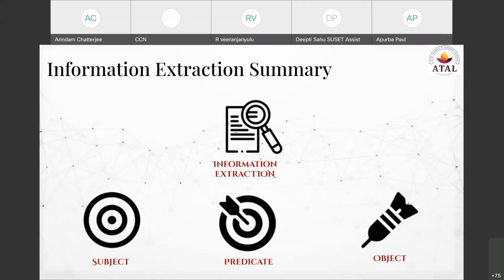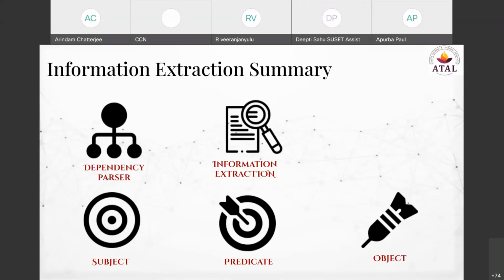Okay. But how do we find the subject, predicate, and object? We can't do it manually. We don't have Renan Martin sitting at one end and taking each sentence and telling me, okay, this is the subject, this is the object, this is the predicate. So what NLP tools do we have in order to do this? How do we do this? We do this using an NLP tool that I had mentioned earlier, which is called a dependency parser.